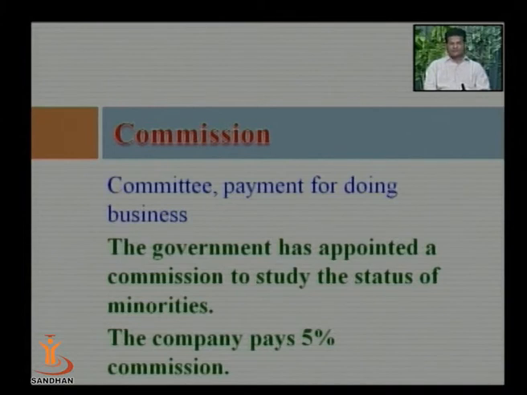Then this is used: the officer has been commissioned. Here commission means he has been given some assignment, some job, some duty. While in the last sentence, company pays 5% commission, the meaning is not the same as assignment. So the same word can be used in different meanings.